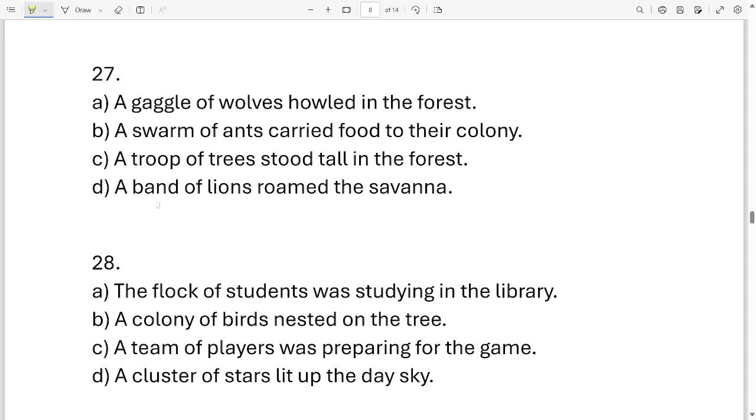Next one, a band of lions roamed the savannah. Now, which of these 4 sentences is correct? Is it option A, B, C, or D? Which option is correct? It is option B. A swarm of ants carried food to their colony.